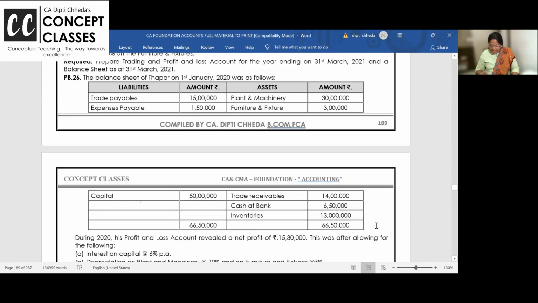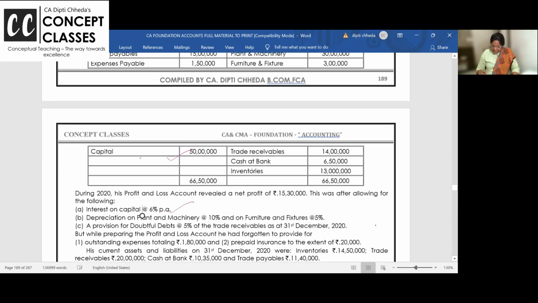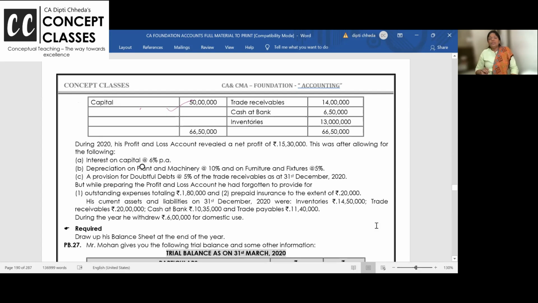Interest on capital you have to give, always on opening capital. Next is depreciation you have to provide. We know now, no need to write journal entries in exam. Journal entries, frame it in your mind and give the effect directly. Provision for doubtful debts also to be made. While preparing the P&L, they have forgotten to take outstanding expense.